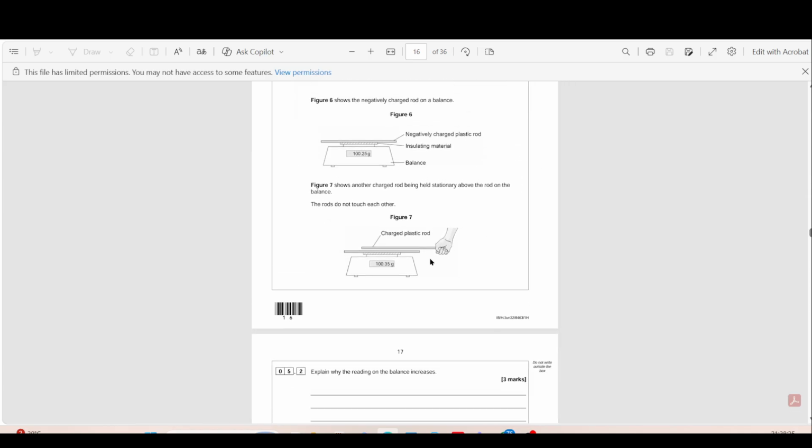Now let's look at 5.2. Explain why the reading on the balance increases in figure 6. The balance increases because the charged plastic rod is above the negatively charged plastic rod.